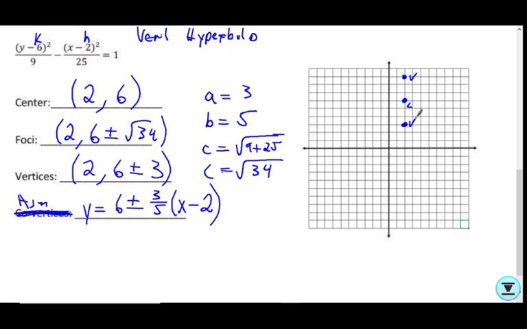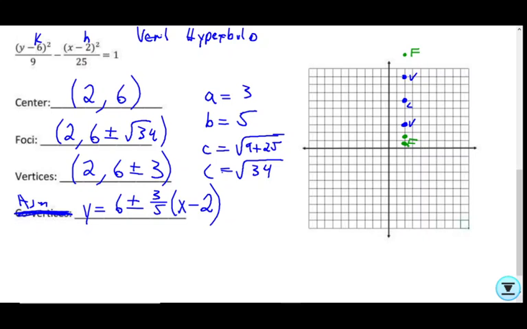My focus, square root of 34 is almost 6, so it's between 5 and 6. So we go up 1, 2, 3, 4, 5 and a little bit. So focus here. 1, 2, 3, 4, right there. Focus. That should be a little bit further down here.